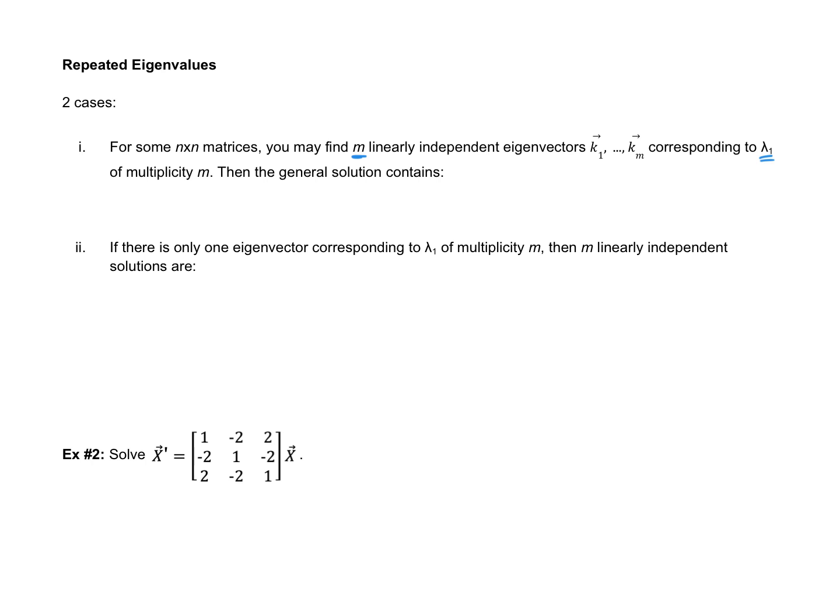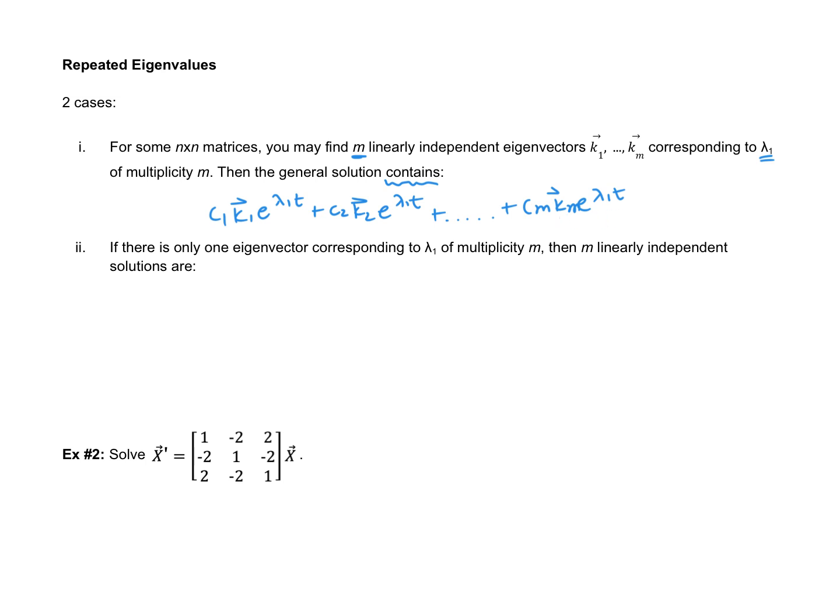Then the general solution will contain c1 k1 e to the lambda 1t, add c2 k2 e to the lambda 1t, so that's the same eigenvalue, all the way up to cm km e to the lambda 1t. So this would be the case where this one eigenvalue has multiplicity or has m different eigenvectors, and so we will have a component for each of those different eigenvectors.